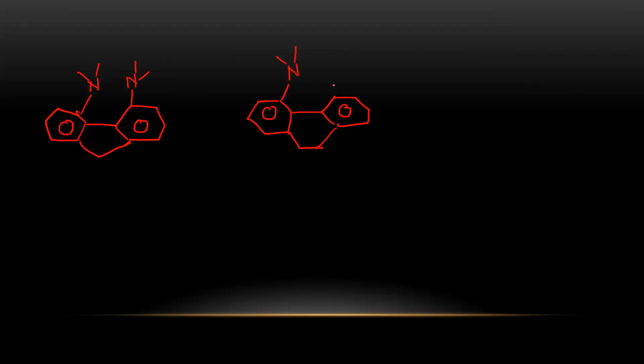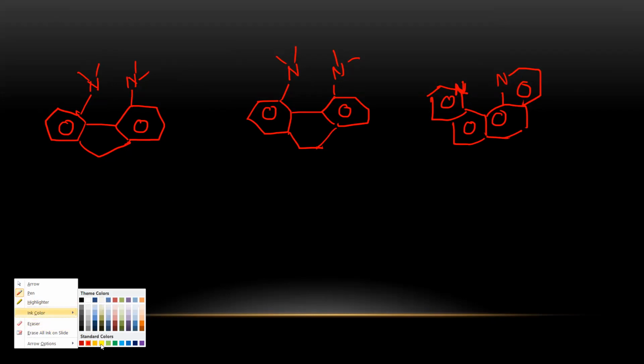N Me2, N Me2. The third one has nitrogen in the center. This is not carbon, it's nitrogen. Pyridine type of system.